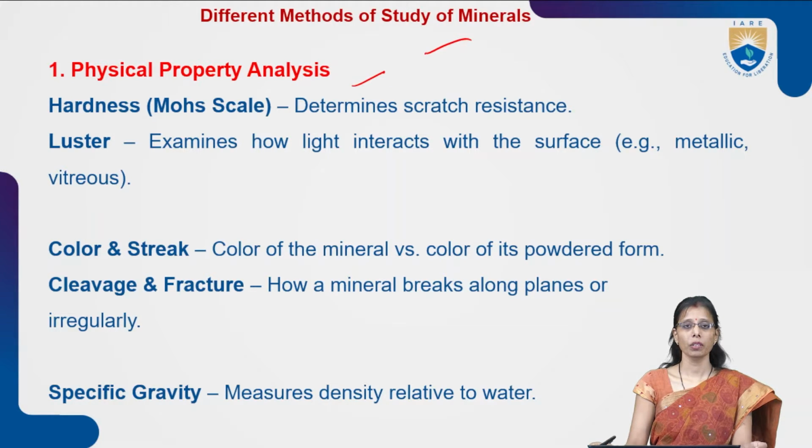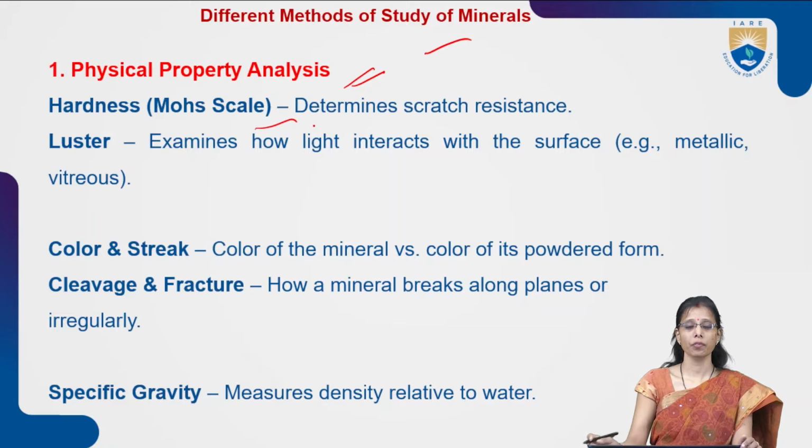If you remember, in the previous topics we discussed how to identify minerals. Here, we are going to identify the mineral with physical property analysis. It is one of the methods where we can identify mineral properties.